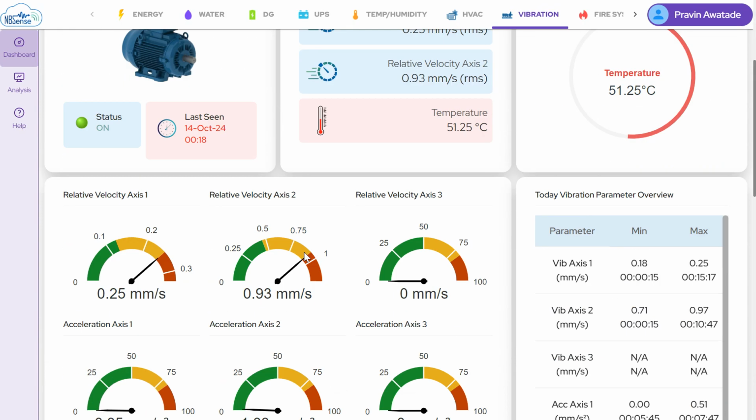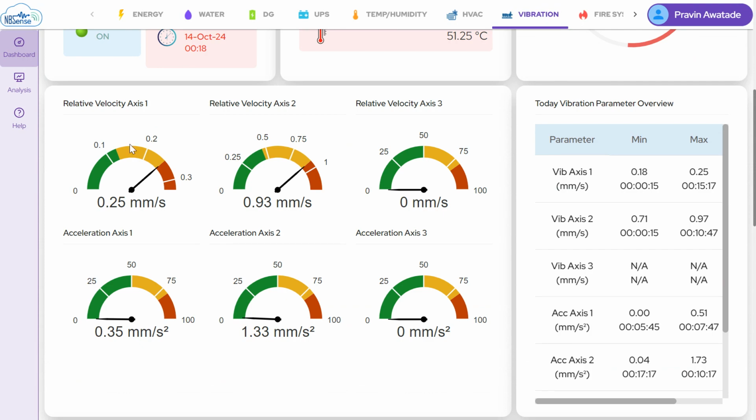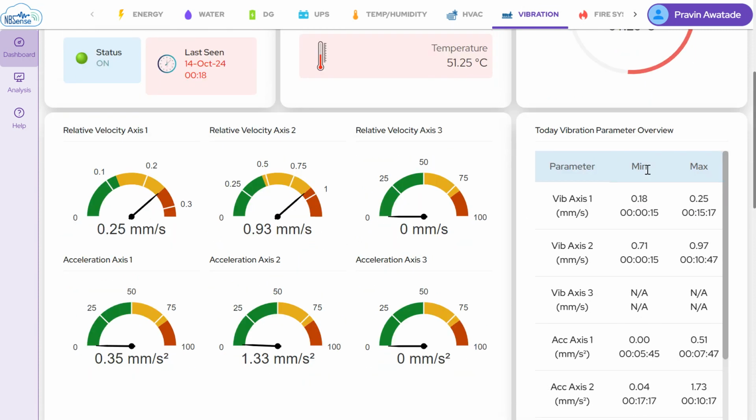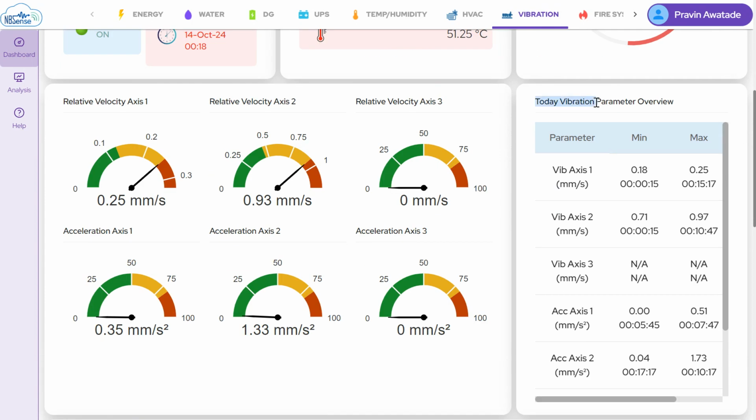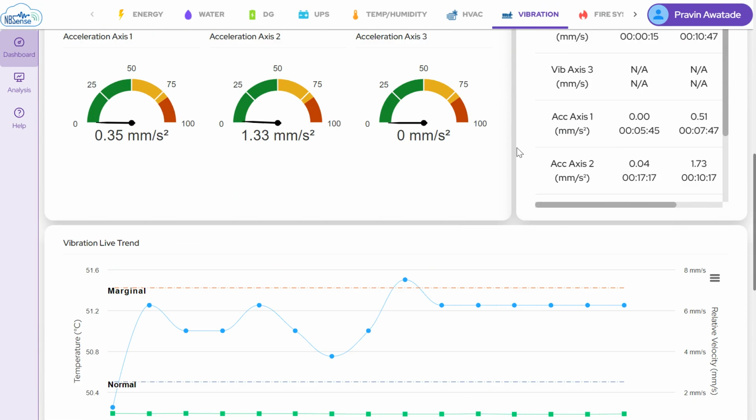This is a temperature. These gauges show the relative velocity axis 1, axis 2, and axis 3. Acceleration also, the unit of acceleration is mm per second square. So these are today's vibration parameter overview. Parameters mean, max, average, with timestamp we can see mean, max, average of all biaxial relative velocity and acceleration as well.